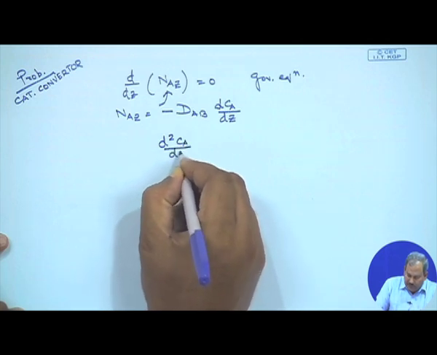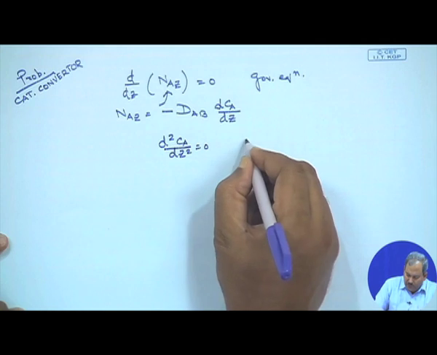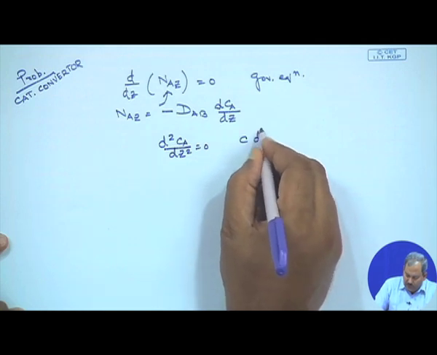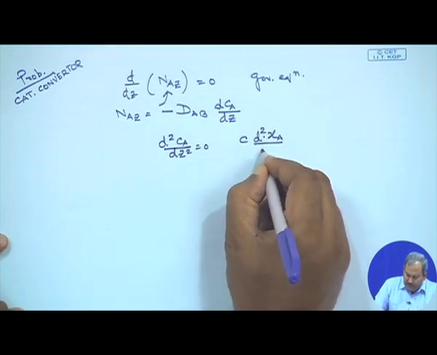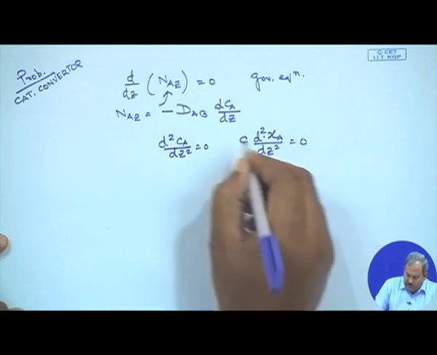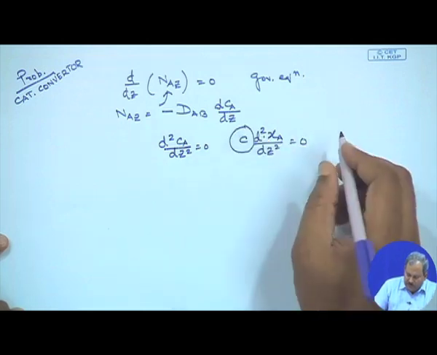d2C_A by dz square is equal to 0, or C times d2x_A by dz square is equal to 0, C being the total concentration, which is a constant.